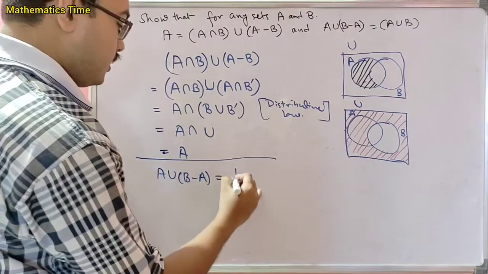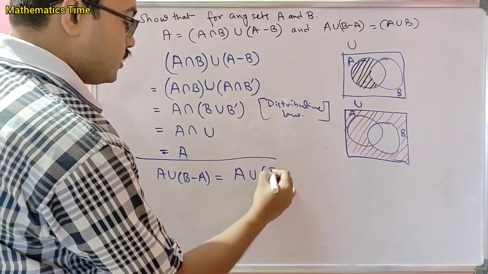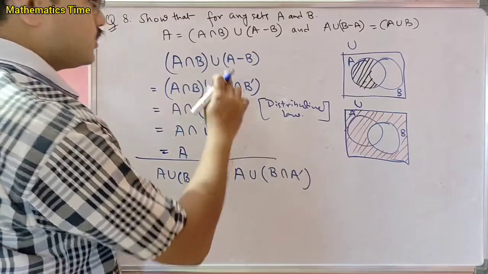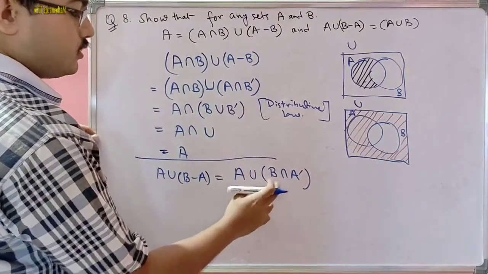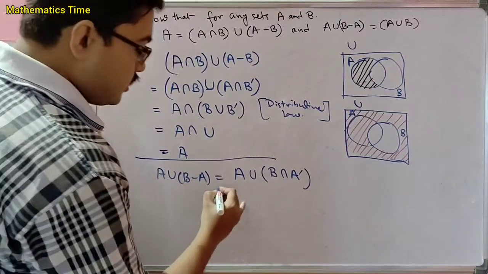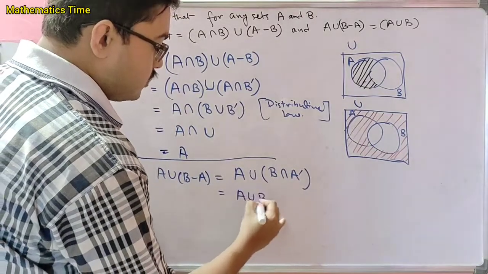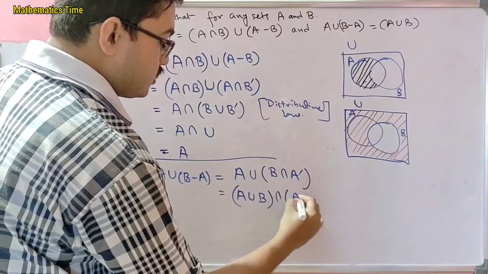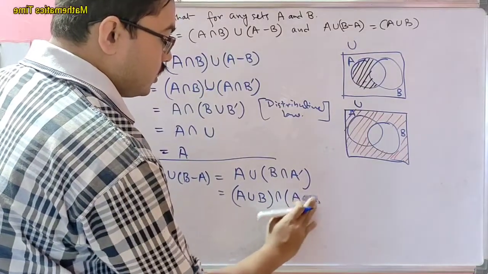So let's write A union (B minus A) as A union (B intersection A complement). Just like that, A minus B means A intersection B complement, and B minus A means B intersection A complement. Now again we are going like this: A union B intersection, sorry, A union A complement.